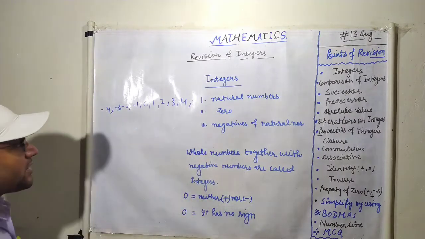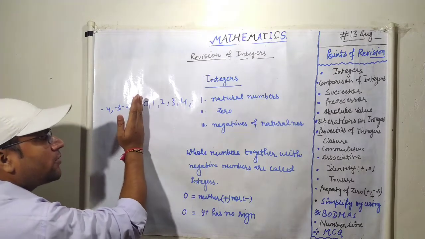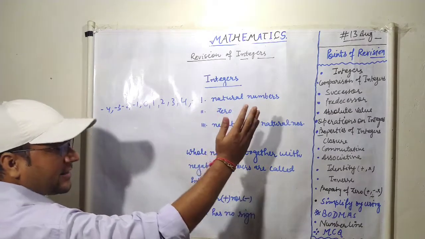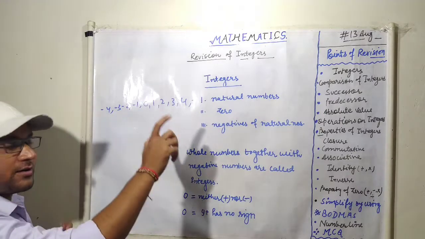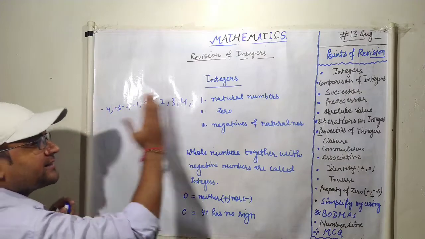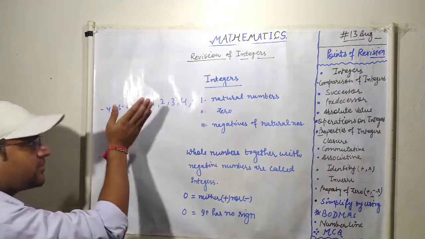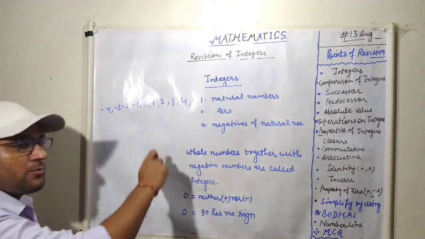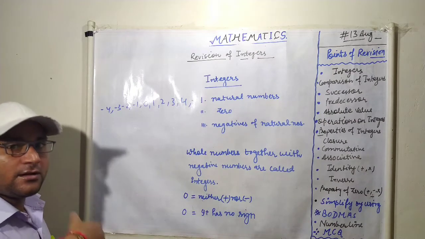Some important points related to integers. If you represent these integers on a number line and you are going right side of these numbers, then the value of the integer is increasing.